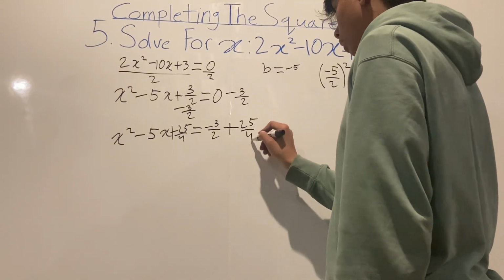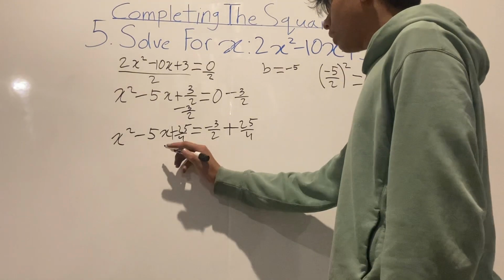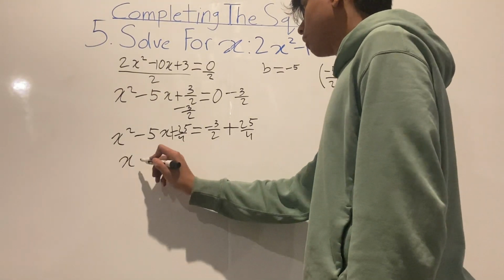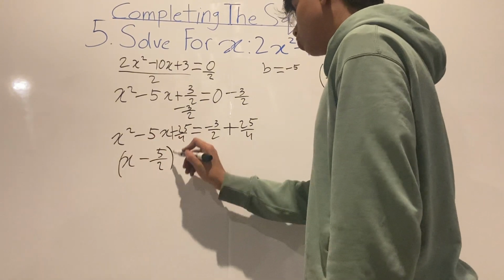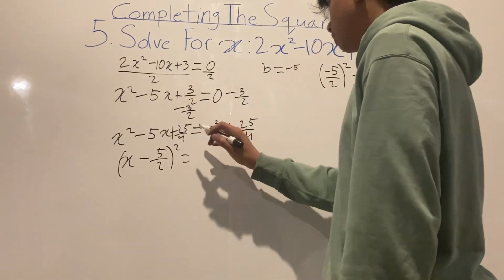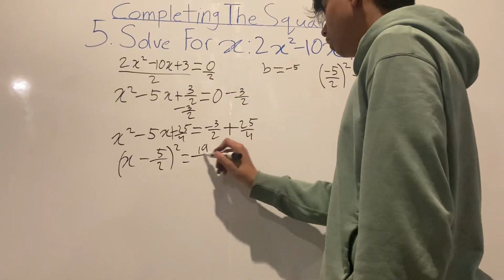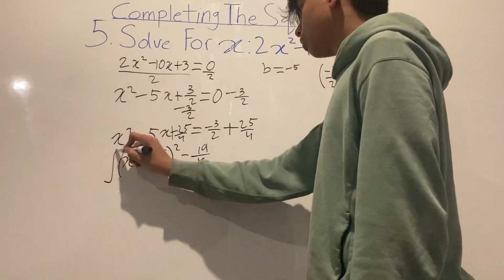Now we can actually factor this to be x minus 5 over 2 squared equals, and this adds up to be 19 over 4. Now we're going to square root both sides.